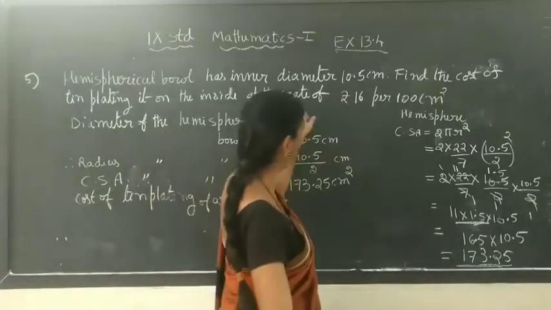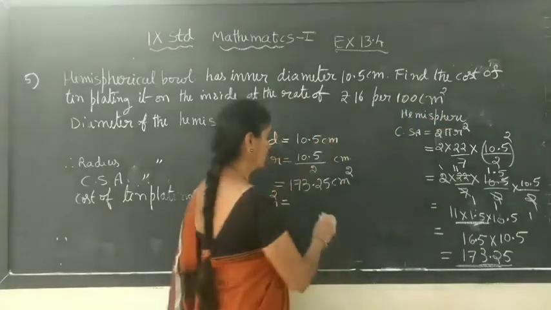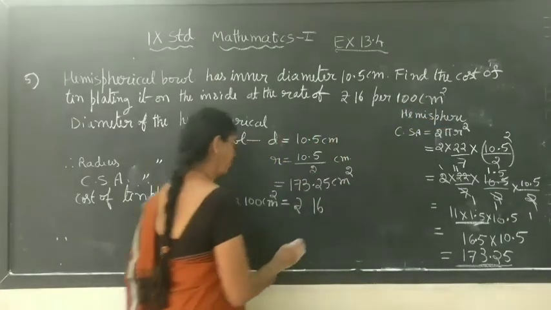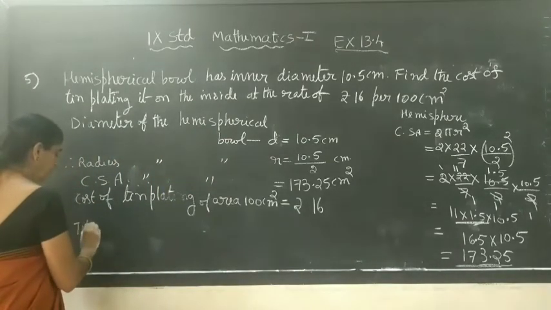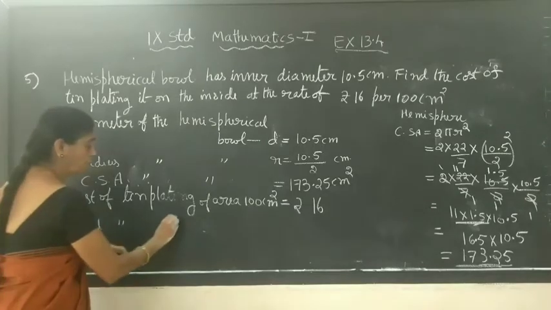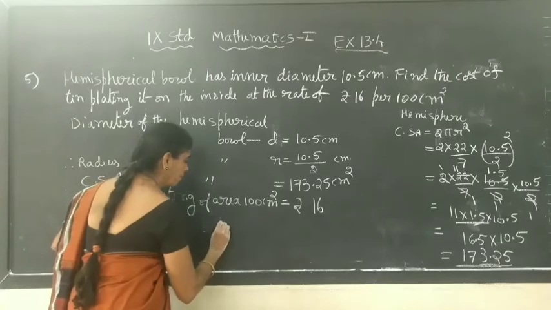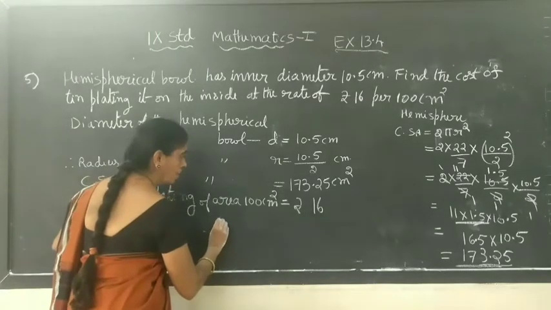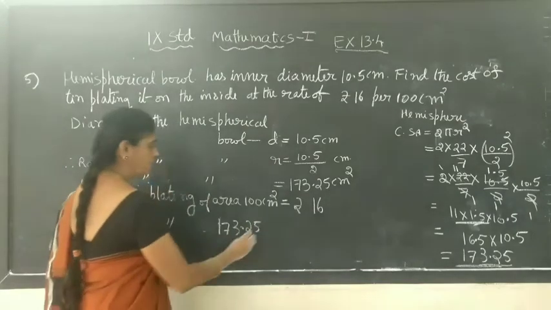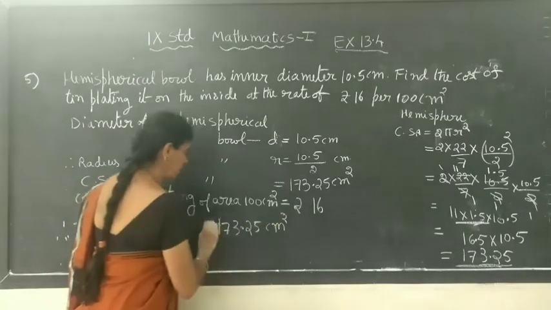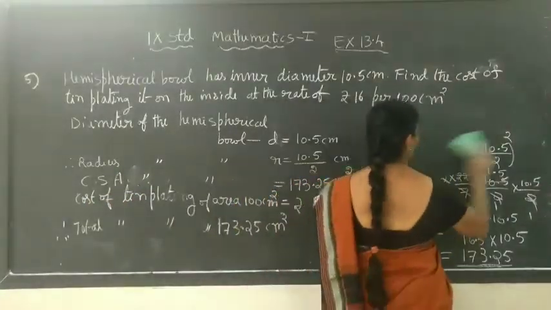Cost of tin plating of area 100 centimeter square is rupees 16. Therefore, the total cost of tin plating, how much area? 173.25 centimeter square, that much area. Okay, so what we have to do? Cross multiplication.